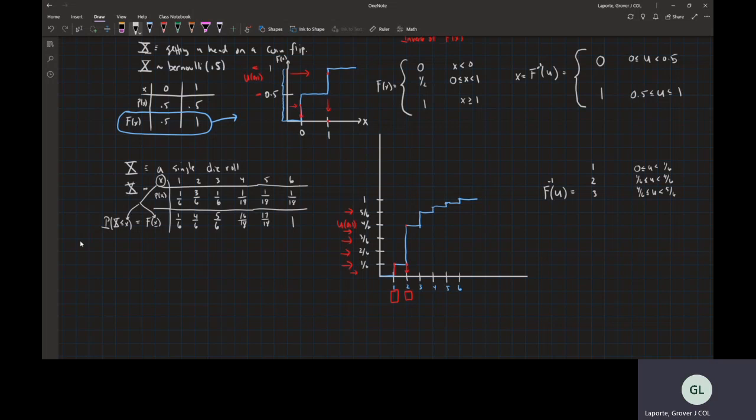And if I'm between 5/6 and 16/18, I should say, then I'm going to let a 4. 5 will be 16/18 and 17/18. And then 6 will be if U is greater than or equal to 17/18.